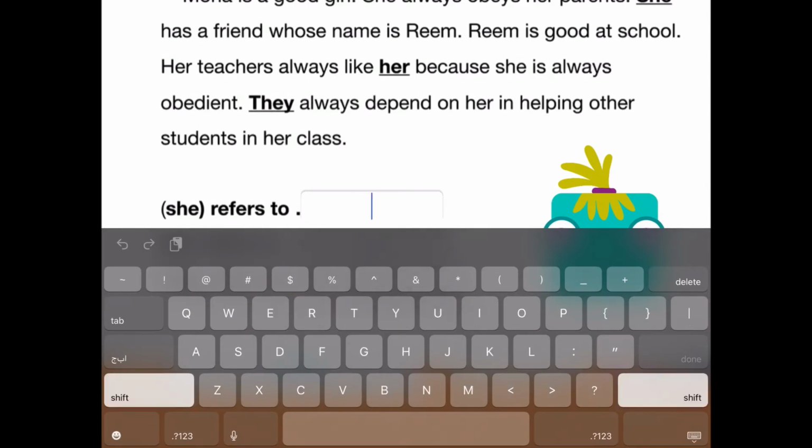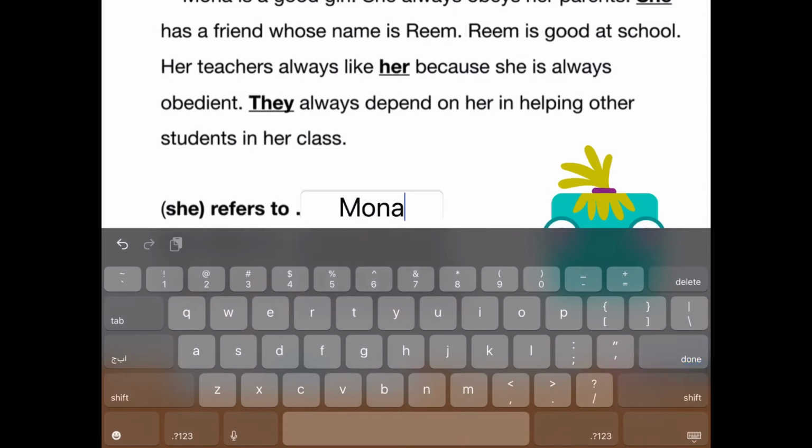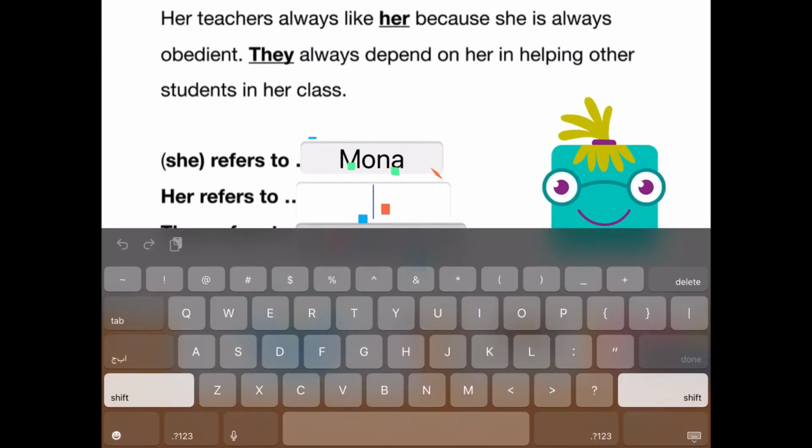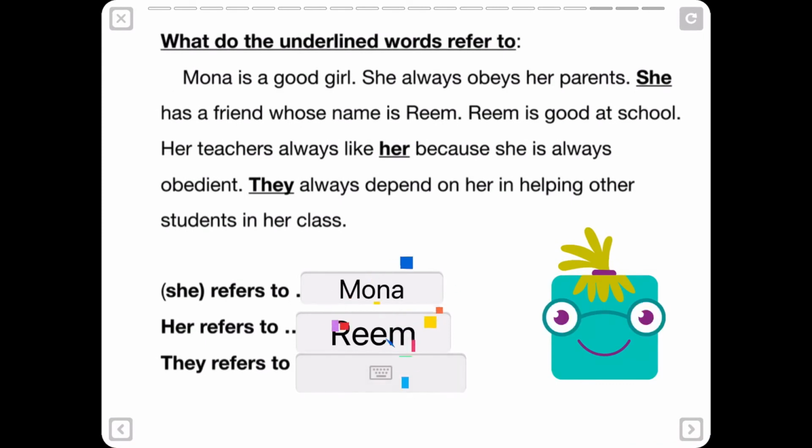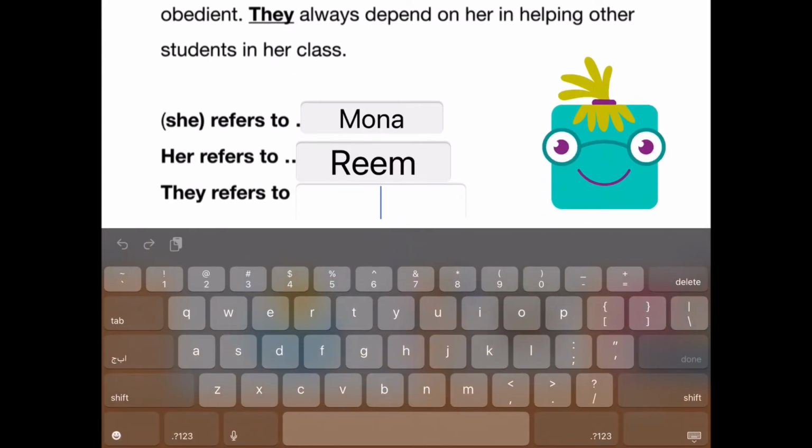Mona, yes, very good. "She" refers to Mona. Reem, yes, excellent. "Her" refers to Reem. Teachers, yes, very good. "They" refers to the teachers.